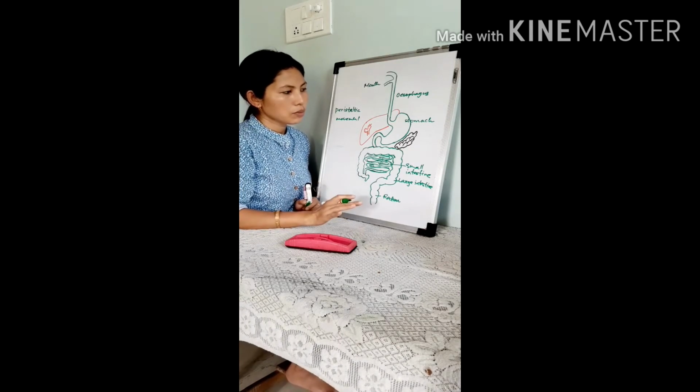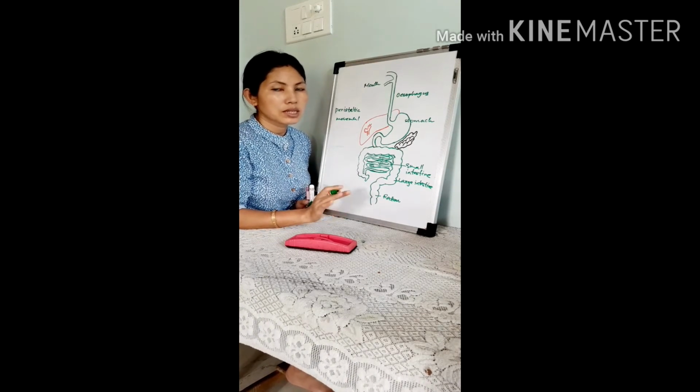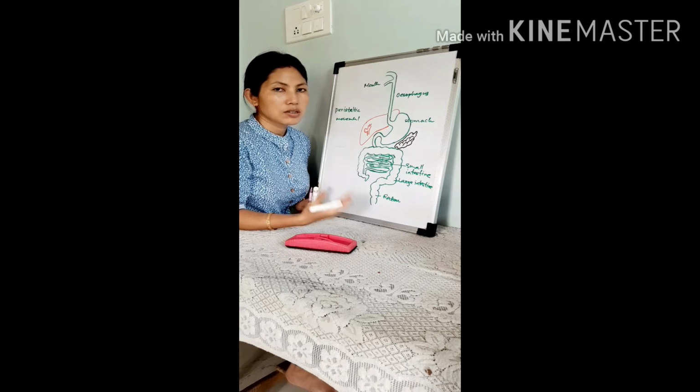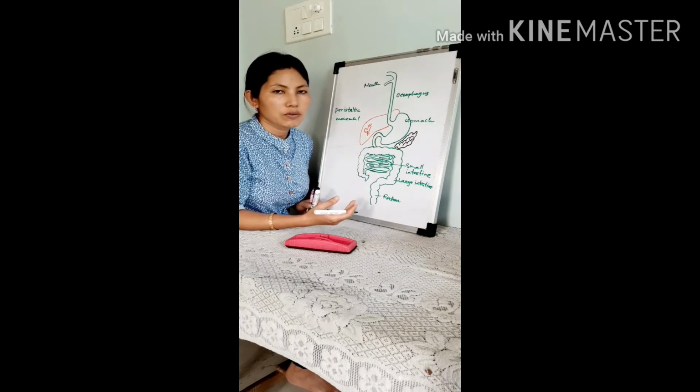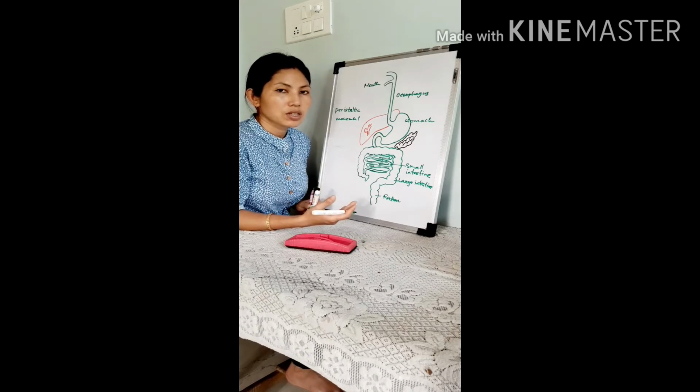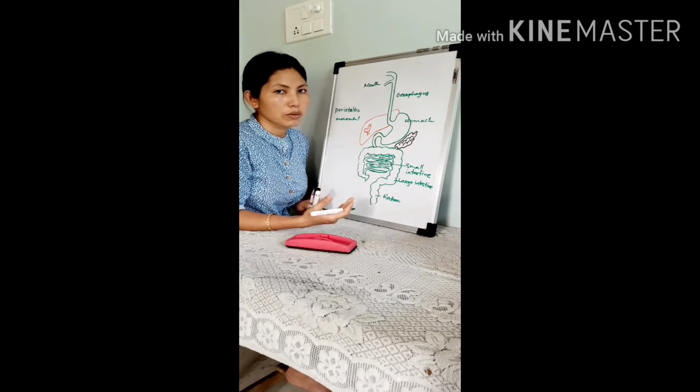But apart from these parts, there are some important glands, and these glands help in secreting enzymes, and these enzymes help in digestion. In fact, the entire process of digestion is enzymatic. Due to enzyme action, the food is broken down into its simplest and absorbable form.